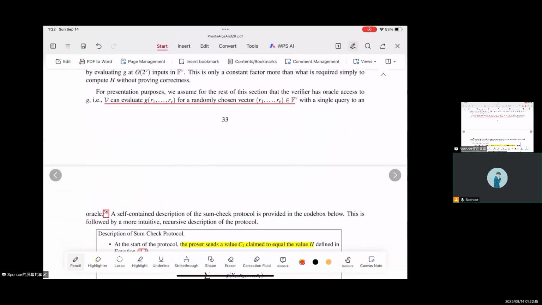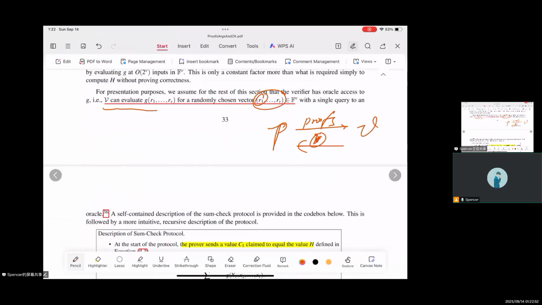Let's move on. We can evaluate g at r1 to rv for a randomly chosen vector. We can recall from our last lecture that the prover sends the proofs, and the verifier sometimes sends messages, because the verifier has randomness and can choose the vector with that randomness.